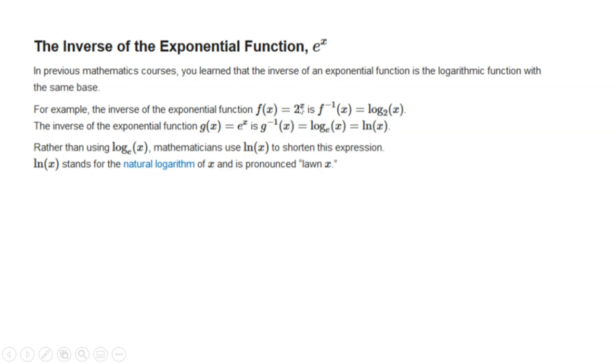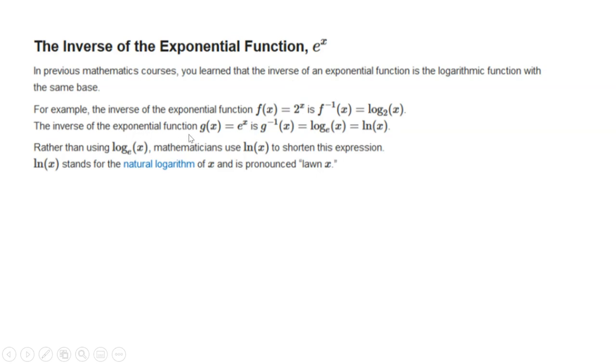So if f of x was equal to 2 to the power of x, then the inverse of that function that I'm pointing to right here would be the base 2 log of x, or you're supposed to have learned that when you were in advanced functions, right? So if 2 to the power of x is the original exponential function, then the inverse of that function, you know what an inverse function is, which takes you the other way, or it's like you reflected across the y equals x line, is the base 2 log of x.